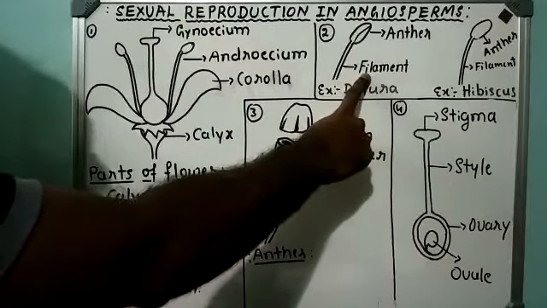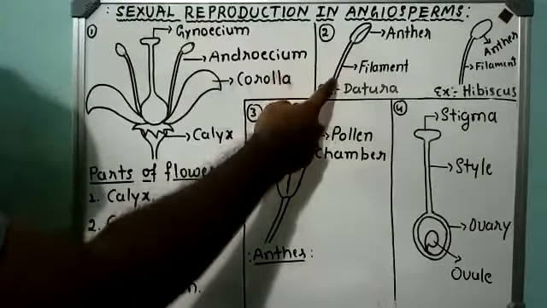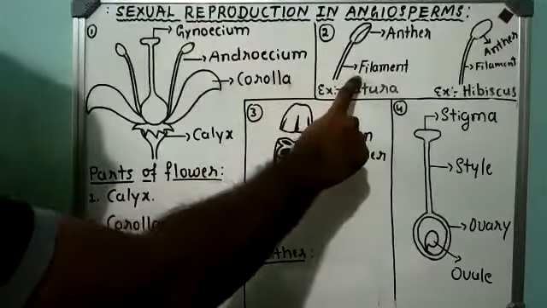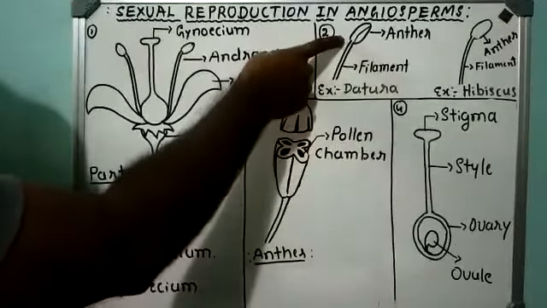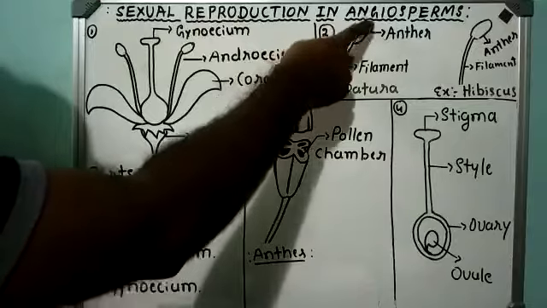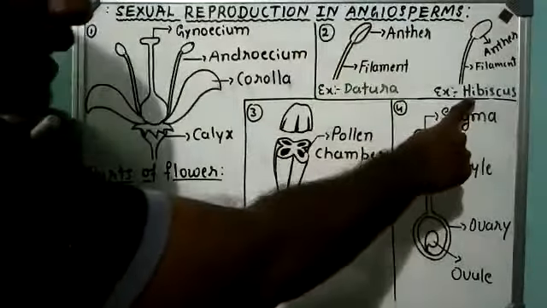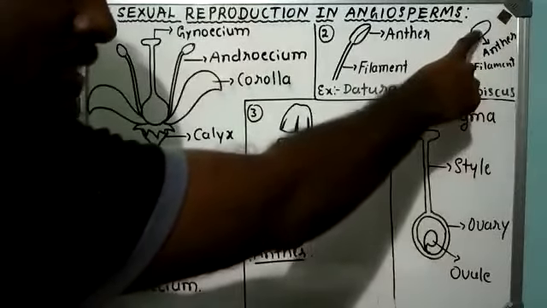In the stamen, in Androecium, there are two parts. One is a long, slender, stalk-like structure which is called the filament, and at the terminal part of the filament there is a lobe-like structure. This lobe-like structure is called the anther. In the hibiscus plant, the anther contains only a single lobe.